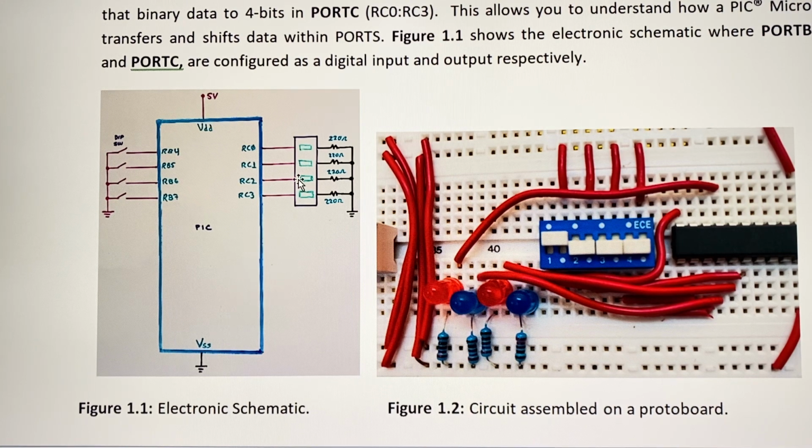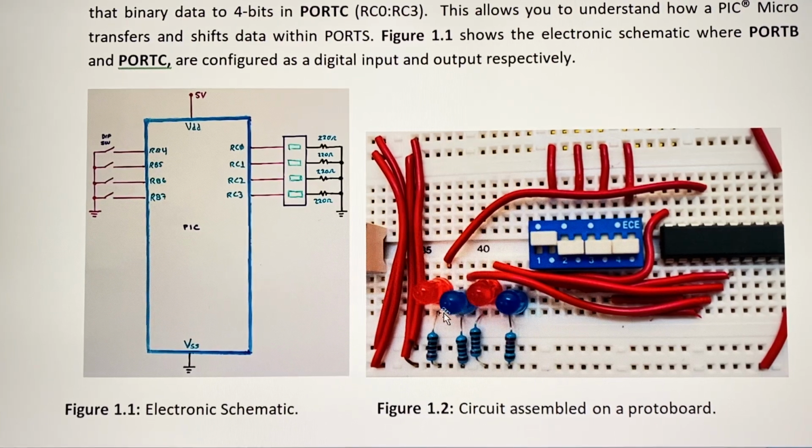So right here we have this LED bar graph representing 4 LEDs, in this case in different colors. It doesn't have to be exactly a bar graph. And these are the 4 DIP switches where you transfer your data, your bits.